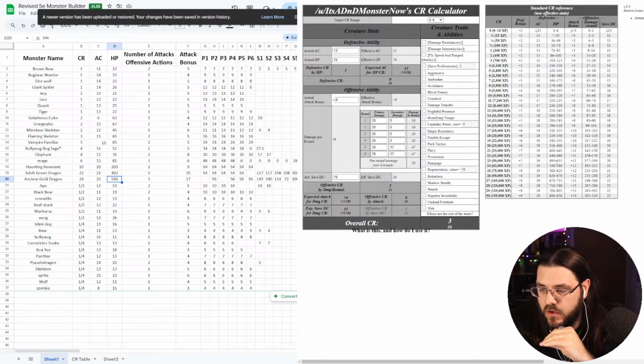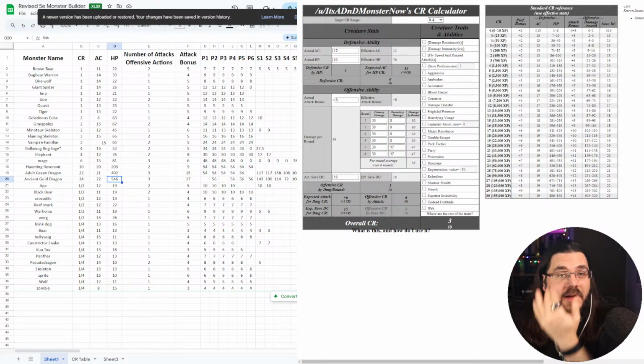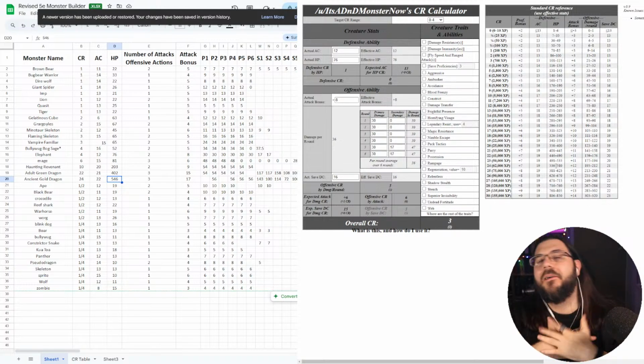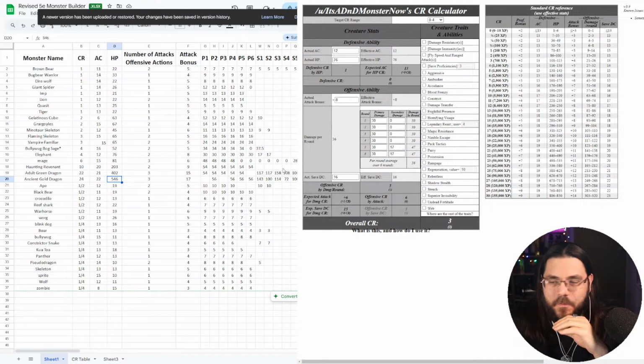24, 546. Yeah, that's still just in line. Monk, thank you very much. Much appreciated. And then our damage outputs for CR4, let's have a look. It's 5 damage per round, which is in line with 2014.